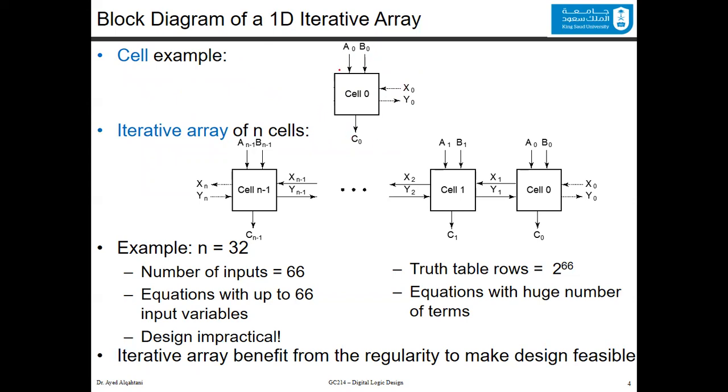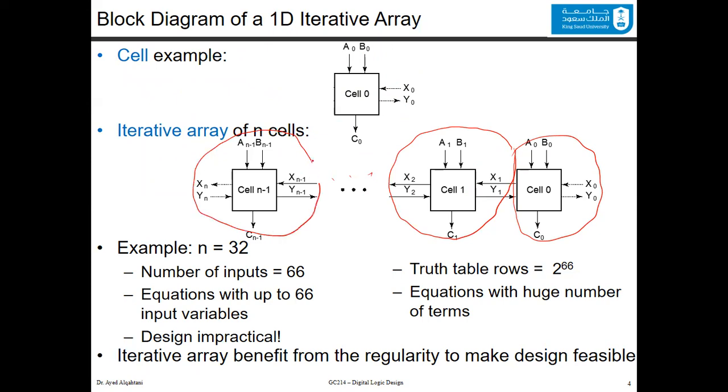Now, we build the iterative array using this cell by repeating it n times, starting from this. Now this is cell 0. And then again, we repeat this, but we change the name to cell 1, and so on up to cell n. Now you should notice that if you take this part here and you thought that this is the cell, the indexes here are 0, and this index is 1 and 1.